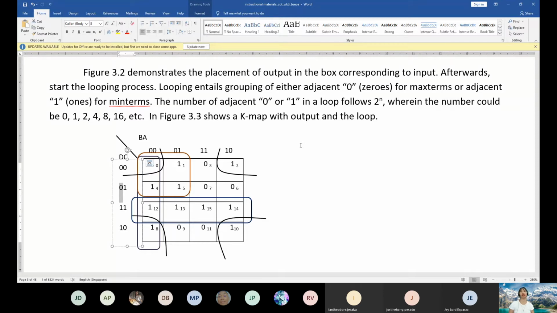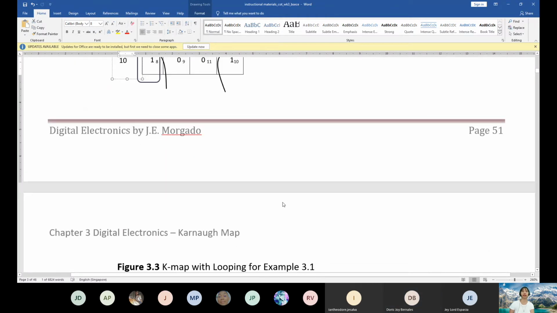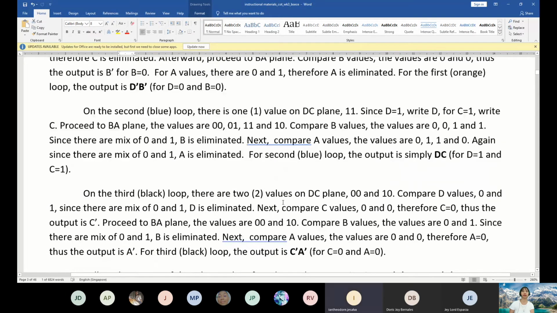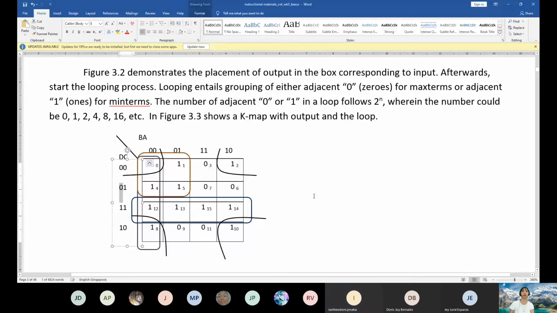For min term, when D is 0, that is D prime. Okay, that is D prime, class.